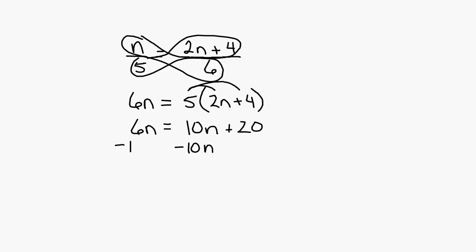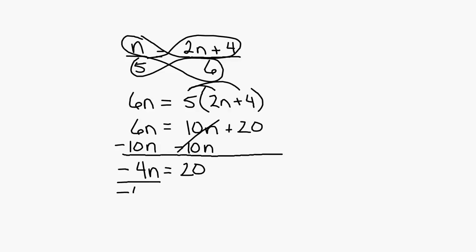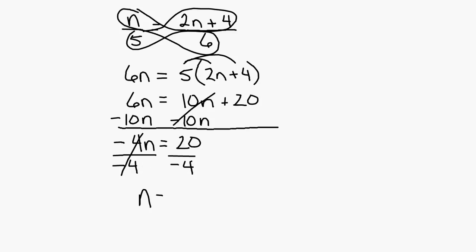And 6n minus 10n would be negative 4n. The 10n's cancel. 20 comes down. And then you can divide both sides by negative 4. The negative 4's will cancel. And n is equal to negative 5.